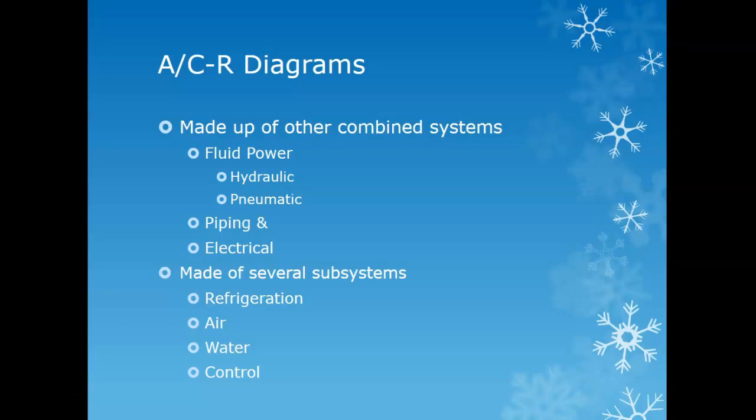So it's made up of several subsystems. We got 4 subsystems. So you have refrigeration, air, water, and control. Refrigeration is where the heat is pulled out. Air is when everything is aerosolized.